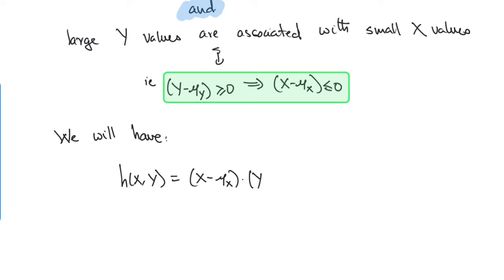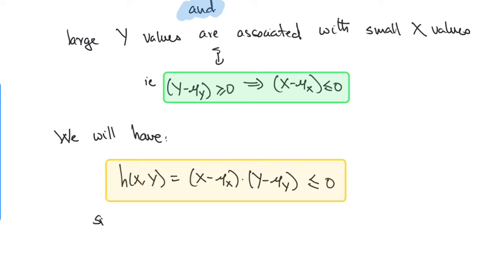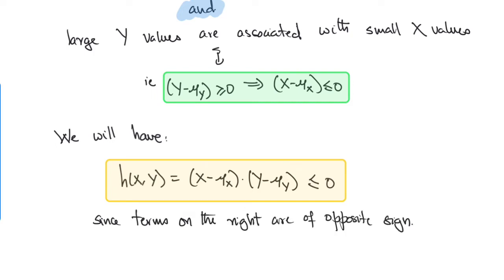That is, the product x minus mu x times y minus mu y is going to be less than or equal to 0. And this is the case because the terms on the right hand side of the equation have opposite signs.